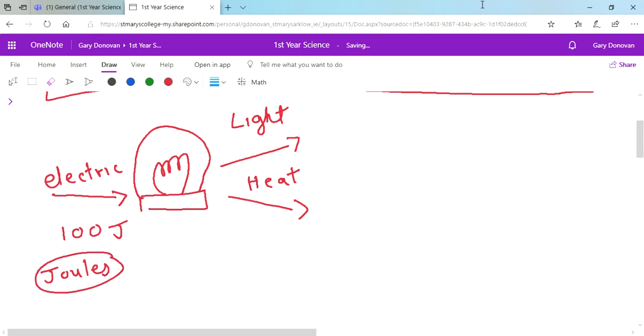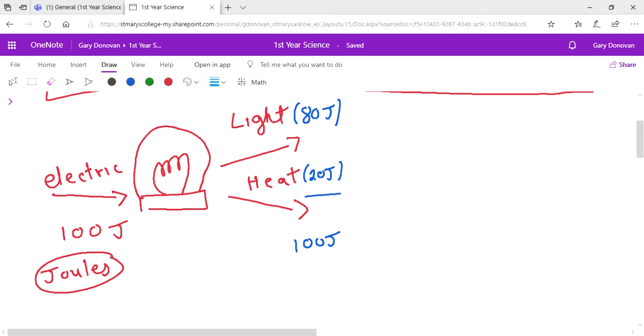Because energy cannot be destroyed, if 100 joules goes into this light bulb, then 100 joules must come out. The way it comes out can vary. For example, light might be 80 joules, but if light is 80 joules, then heat must be 20 joules. Either way, no matter what numbers the two of these are, they must add up to 100 joules. So if 100 joules goes in, 100 joules comes out.